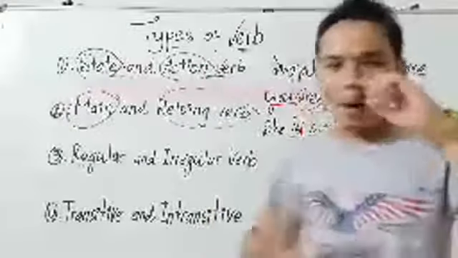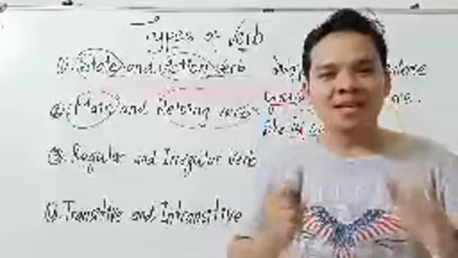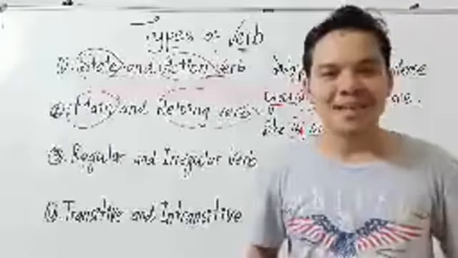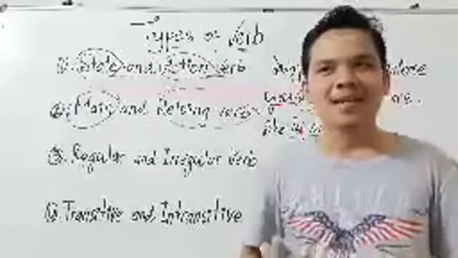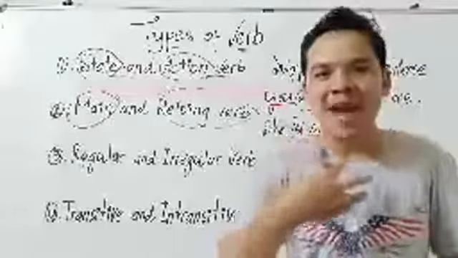So the main verb is the verb that shows the whole action in the sentence that the subject does. Like, "I speak to you." "Speak" is the main verb, and "I" is about my action.